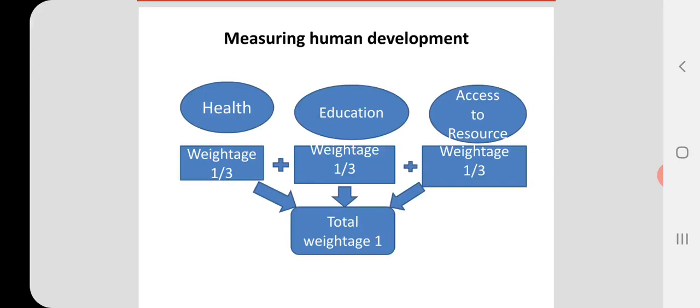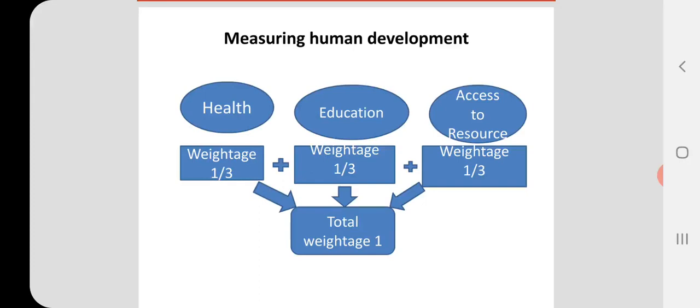So the score of human development may vary between 0 and 1.